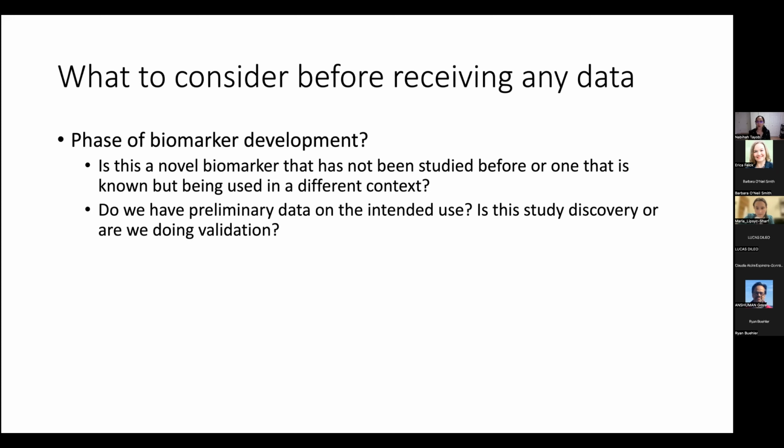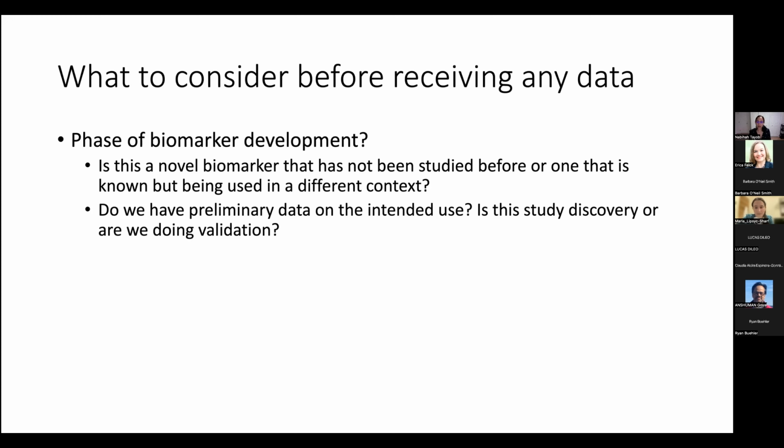The reason we want to know this is because we want to know what the next study we need to plan is. Do we need to plan a rigorous validation study, where the idea is to get information on its clinical utility at a higher level of rigor?